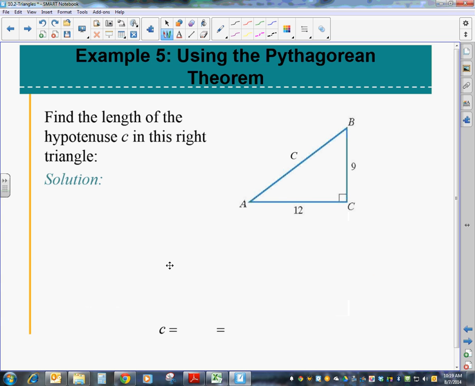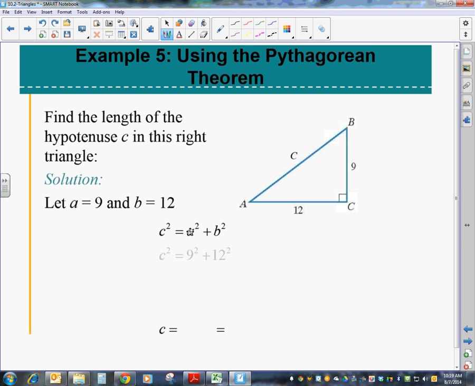In using your Pythagorean theorem, the most important thing is going to be setting it up. You're looking for the length of the hypotenuse, okay? So if we're looking for the hypotenuse C, then we're going to let A equal 9 and B equal 12. Does it matter if A is 12 and B is 9? Absolutely not. But what matters is that it's not the hypotenuse. So C squared equals A squared plus B squared.